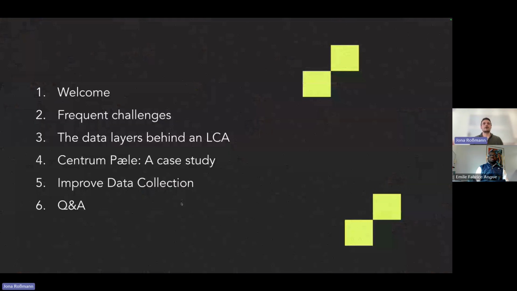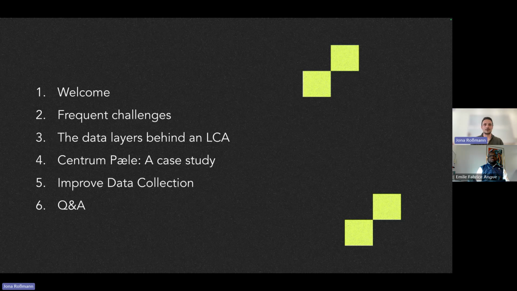The agenda today will be: first, the welcome, which is now. Second, we will have a look into frequent challenges that we as EMIDAT see with our customers. Then we will look into the data layers behind an EPD: what are the requirements, and how is it structured? Then we dive into the case study with Centrum Paele.